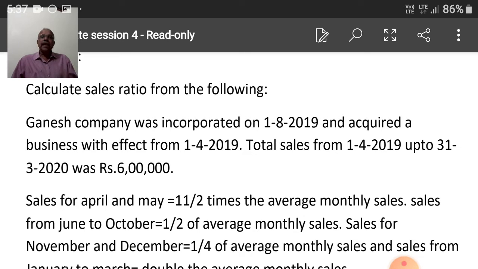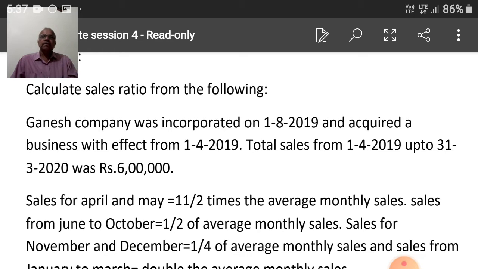But the calculation of sales ratio also depends on the time ratio, because we need to calculate the pre-incorporation sales and post-incorporation sales.